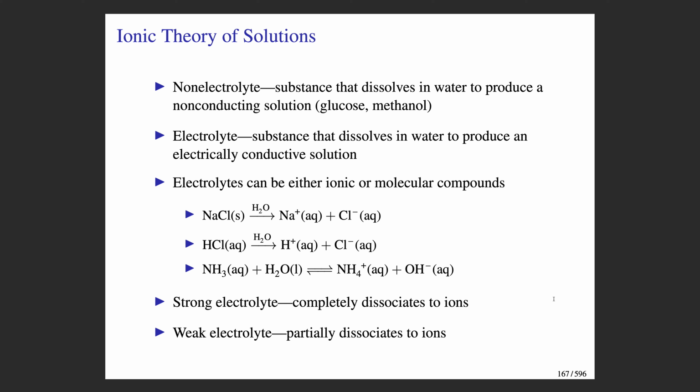On this slide, I'm talking about solutions of ionic compounds, where you have ions that are mobile within the aqueous solution. So we're going to distinguish between two types of solutes. The first type, the non-electrolyte, is a substance that when it dissolves, does not form ions.